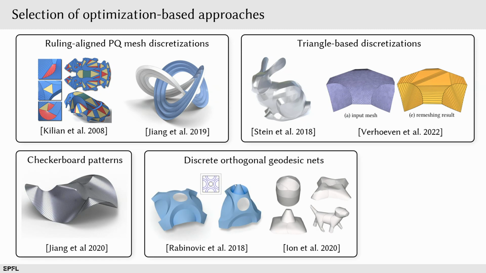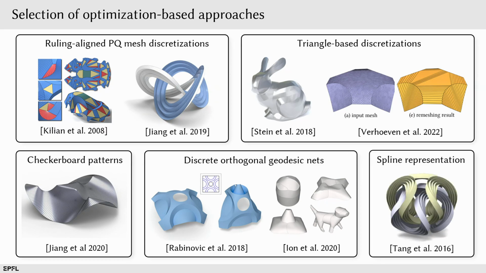Other geometry-informed discretizations include checkerboard patterns and discrete orthogonal geodesic nets. Then there has been some work on genuinely smooth representations, for example, by Tank and co-authors. But also here, when it comes to preserving the isometry between the 3D state and the 2D state, the authors require some form of discretization to enforce this isometry.